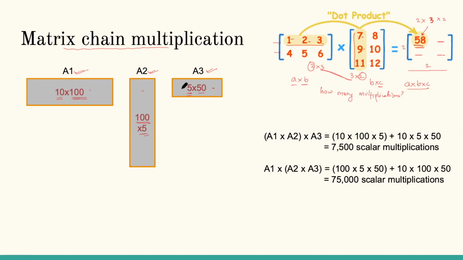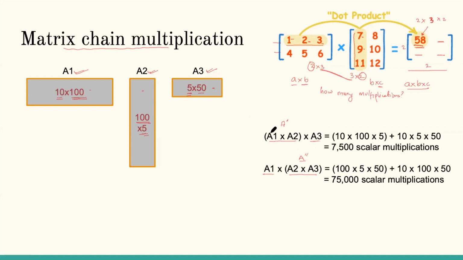We also know that matrix multiplication is associative. What that means is I can either multiply A1 and A2 first and then multiply the product, let's say A dash, with A3, or I can multiply A2 and A3 first, get A double dash, and then multiply A1 with A double dash, and I still get the same result.